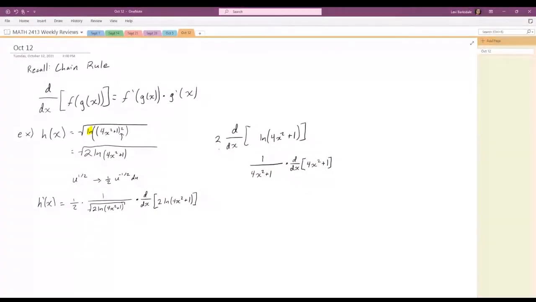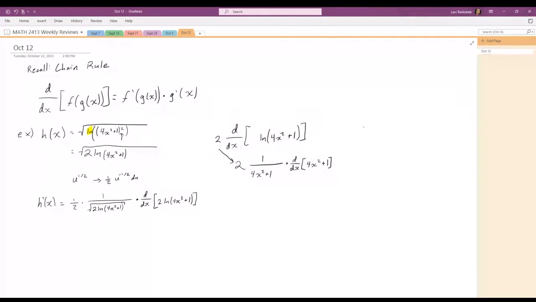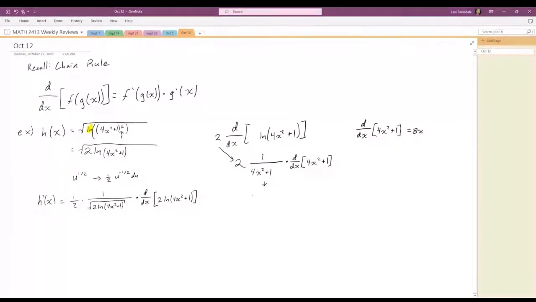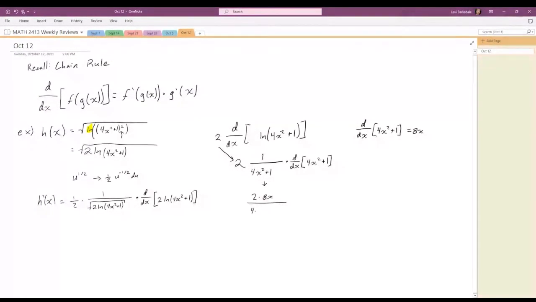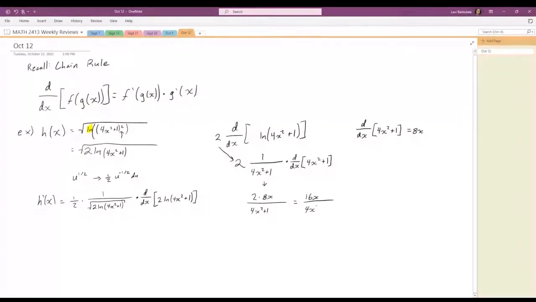And of course, we would still have our 2 there. And of course, we know the derivative of 4x squared plus 1 is just 8x. So then this derivative becomes 2 times 8x divided by 4x squared plus 1, which is 16x over 4x squared plus 1.